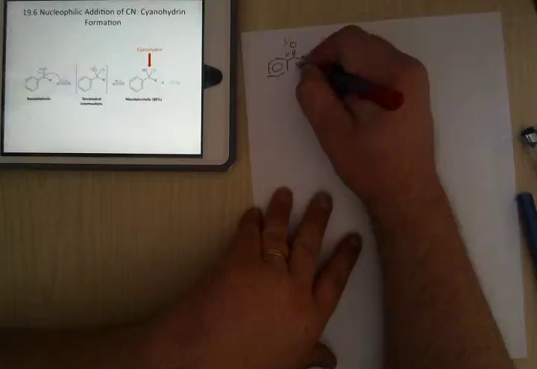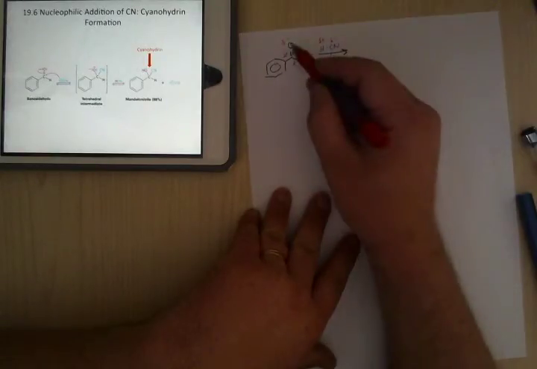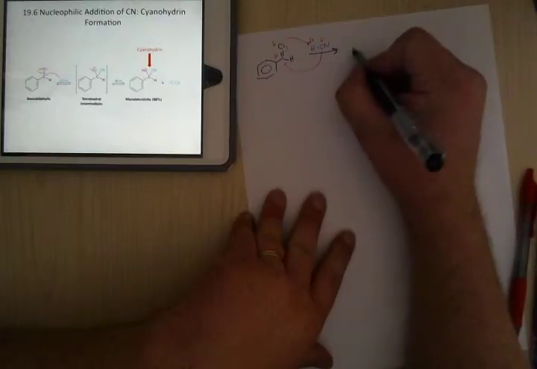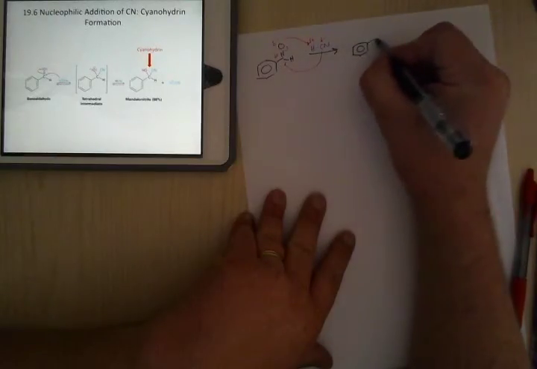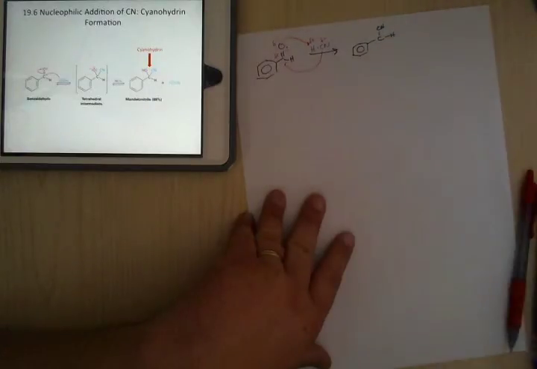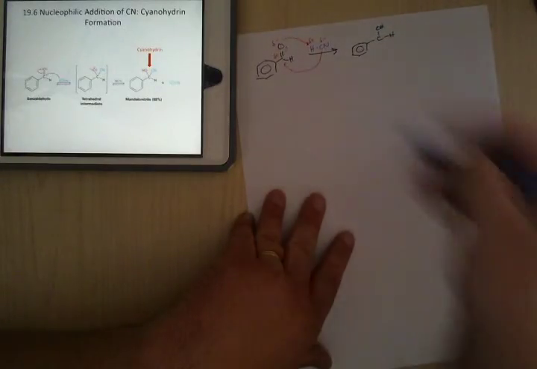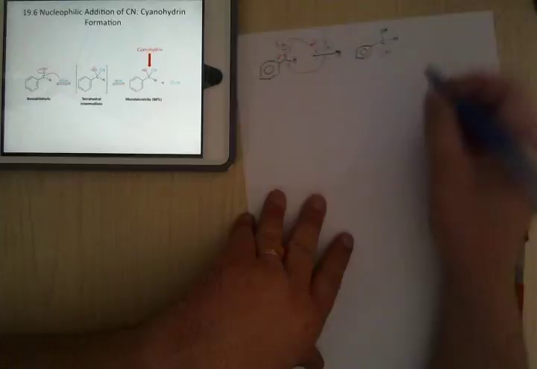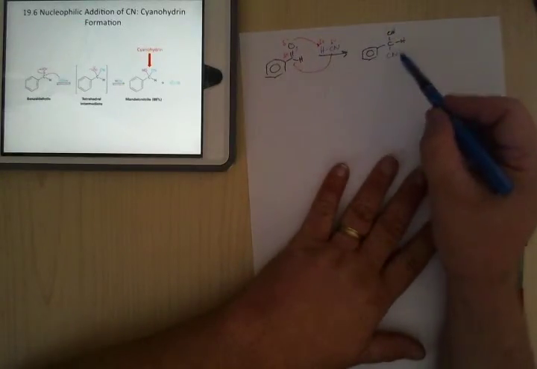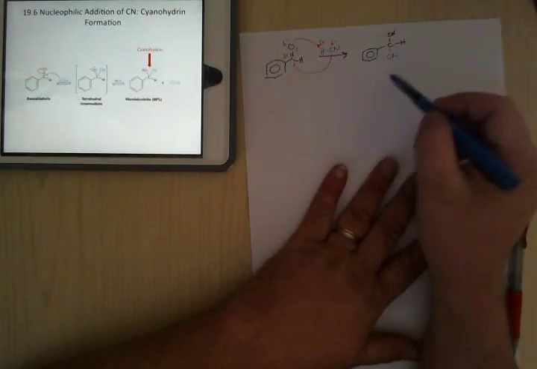So this is going to attack there, push that up. This is actually going to rip off that hydrogen too. So you're going to end up with, and you'll see this trend, OH, H on that, where the C double bond O was, it turns into an OH plus what attacked it. Okay, this is what's called a cyanohydrin.